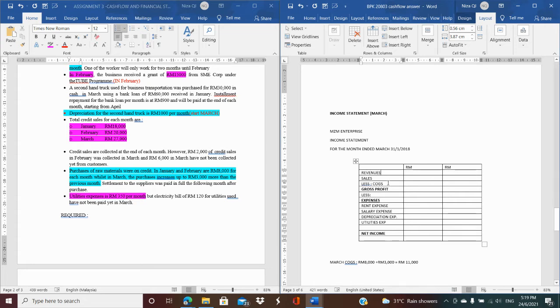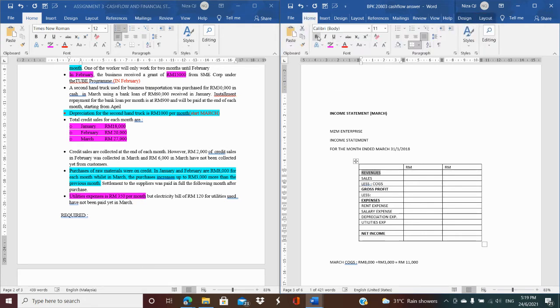Although there are expenses that have not been paid yet, it does not bother the income statement, because those are expenses incurred in that month. So whether you have paid it out or not, it does not affect the costs that have been incurred.